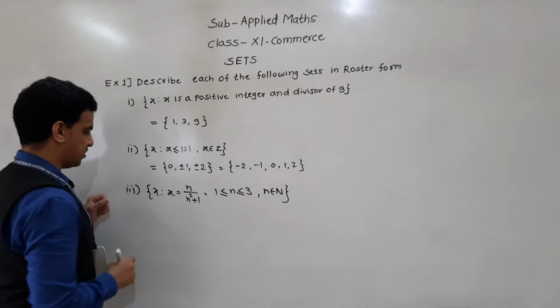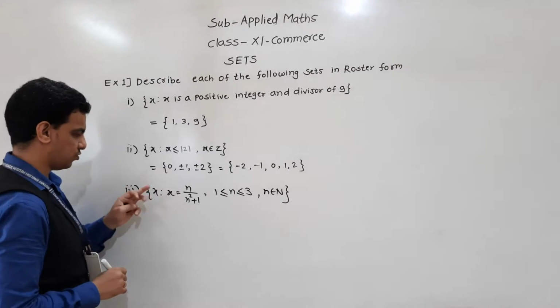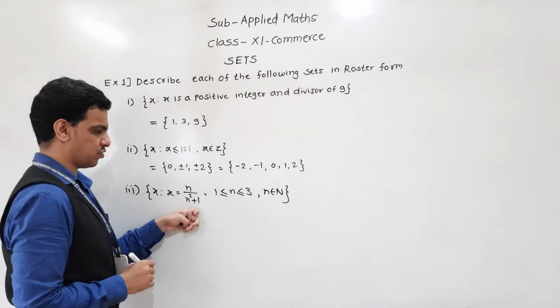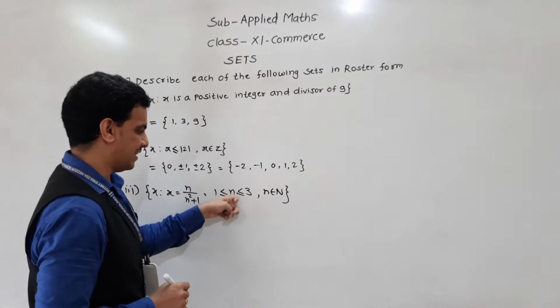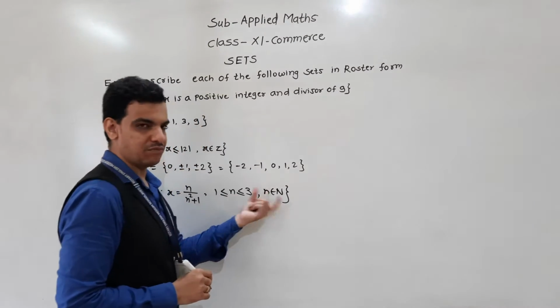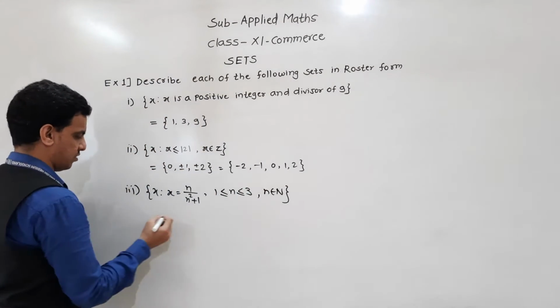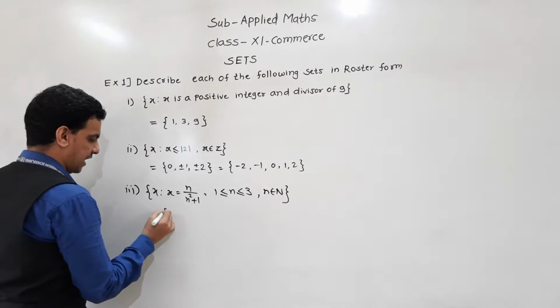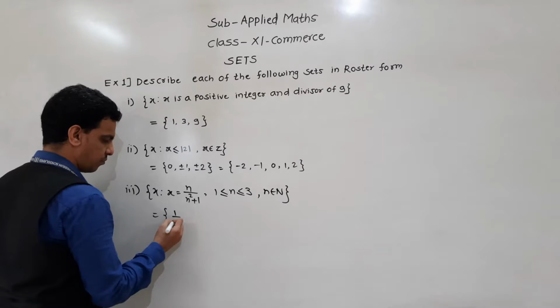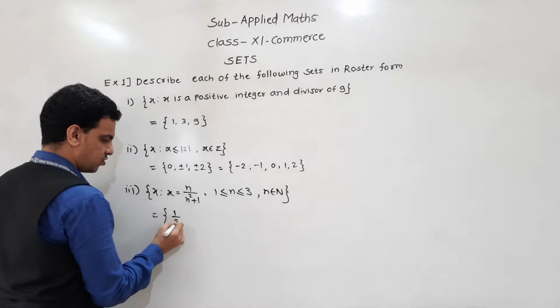Okay, then next one is collection of all x such that x is equal to n upon n square plus 1, and n is greater than or equal to 1, less than or equal to 3, and n belongs to N, that is natural numbers. So if we take n is equal to 1, it is 1 upon 1 square plus 1, so 1 upon 1 plus 1, it is 1 by 2.